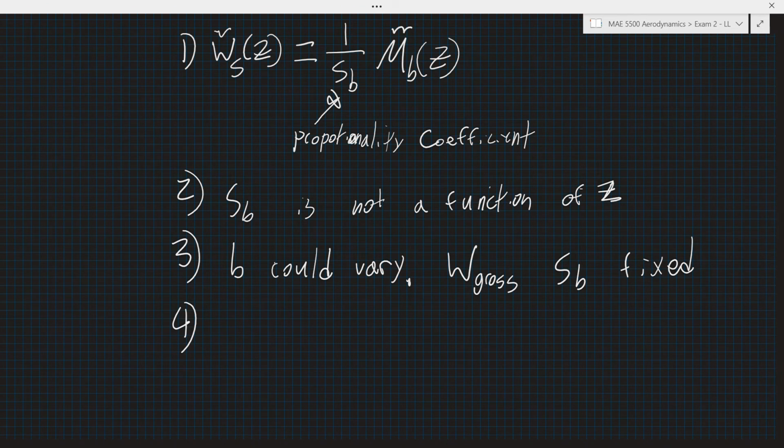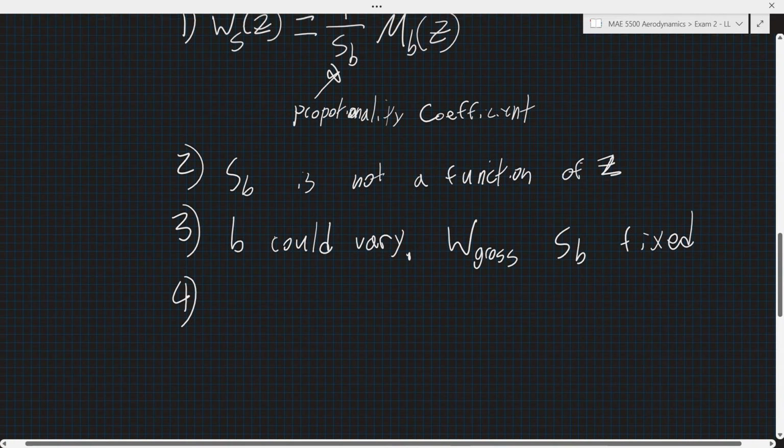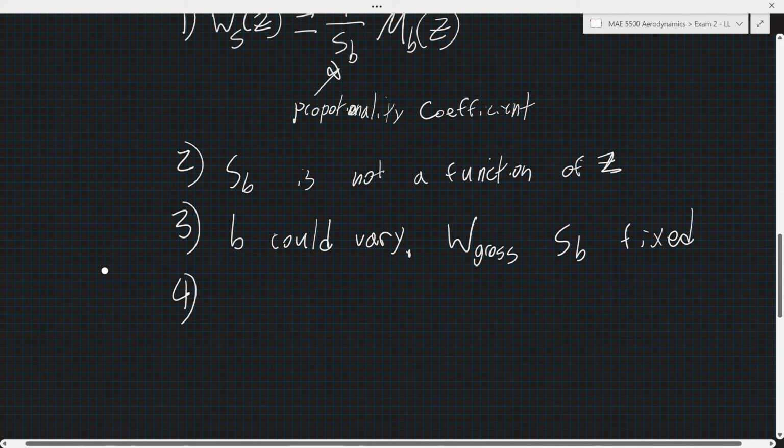Okay, and the fourth constraint he gave was that the wing section bending moment at each section is a function of the lift. And he defined that to be the following function.